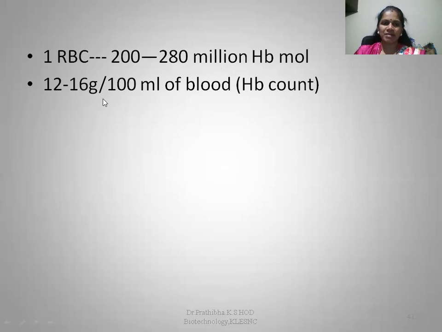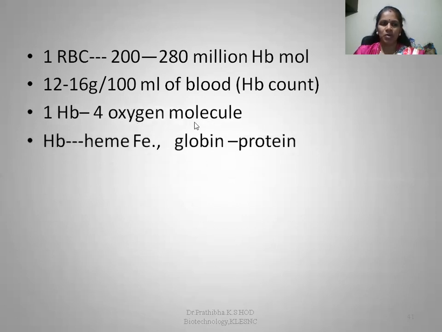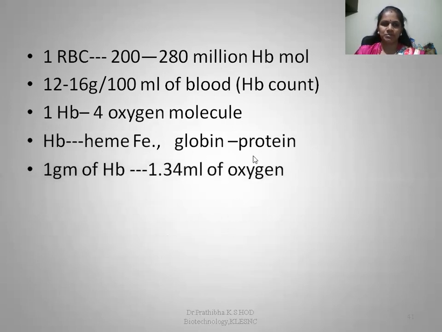A hemoglobin count of 12 to 16 grams per 100 ml of blood can be seen. In one hemoglobin, 4 oxygen molecules will be bound. Hemoglobin consists of heme, ferrous, and globin, meaning protein. 1 gram of hemoglobin carries 1.34 ml of oxygen.